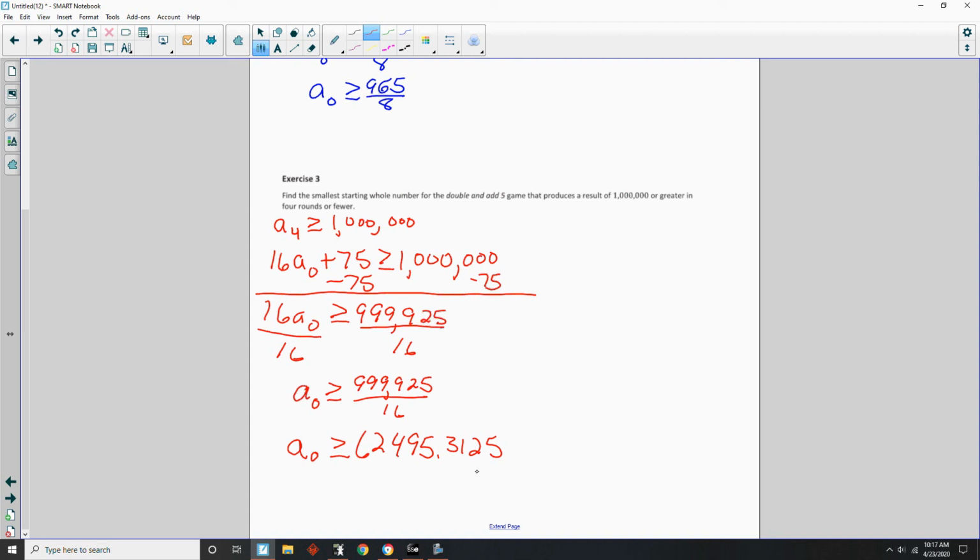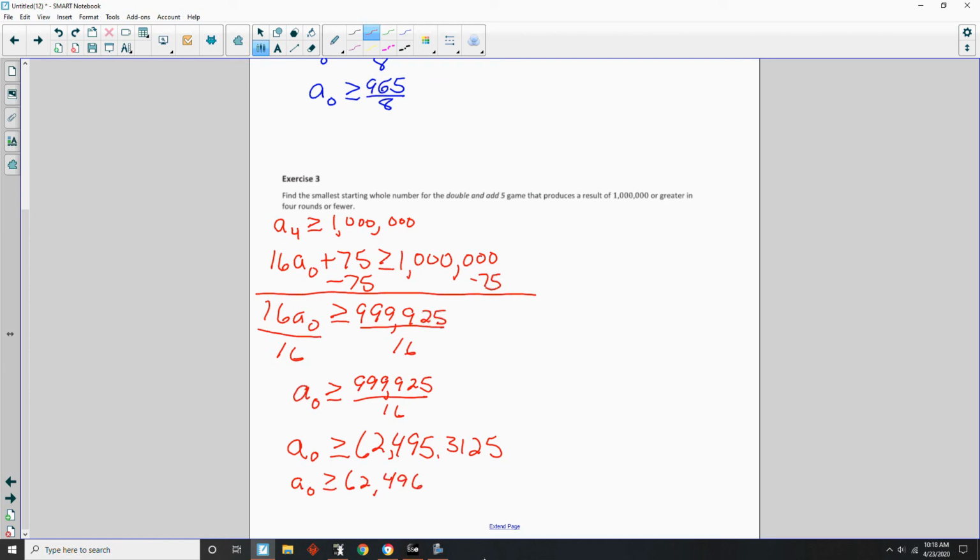So therefore, the smallest starting whole number would be 62,496. Okay, whole number. This is a decimal. So I need a sub 0 to be greater than or equal to 62,496.